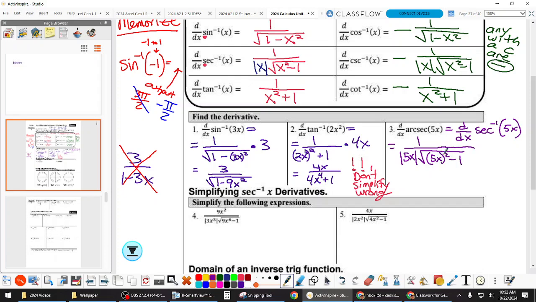So subtract and square root, since there's an s there. And then times 5 out here because of the chain rule. Okay, so let's write it like this first.